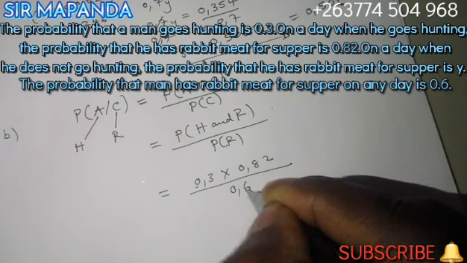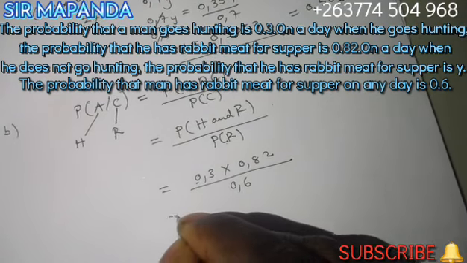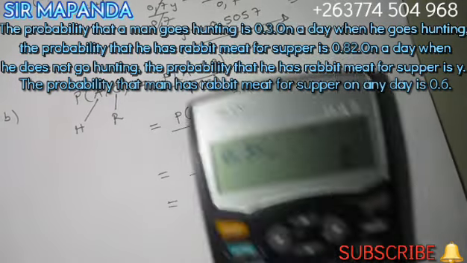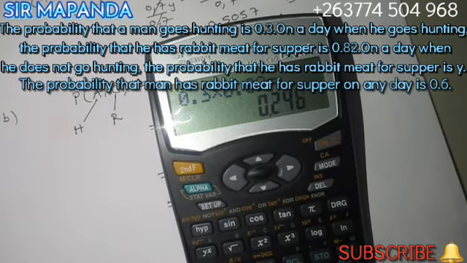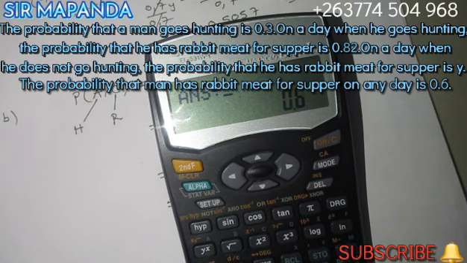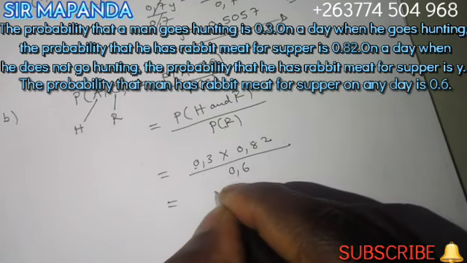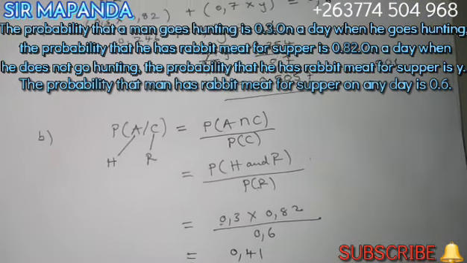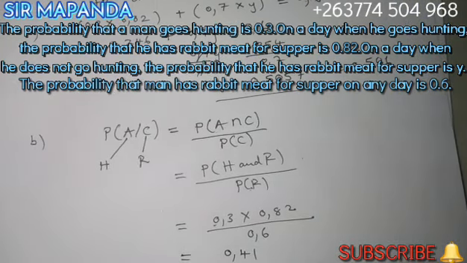So I'm going to divide here by 0.6. I hope you are following. So 0.3 times 0.82 divided by 0.6, you get 0.41. Then you are home and dry. So this is how you are supposed to tackle this question.